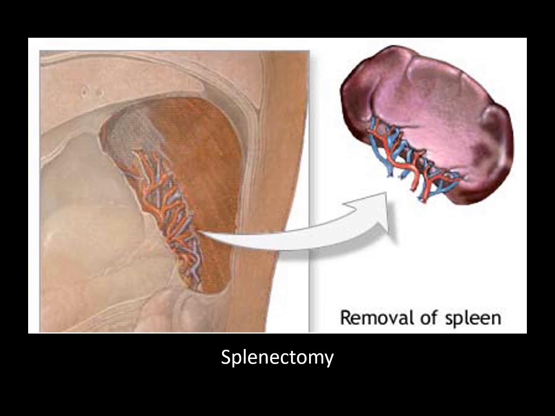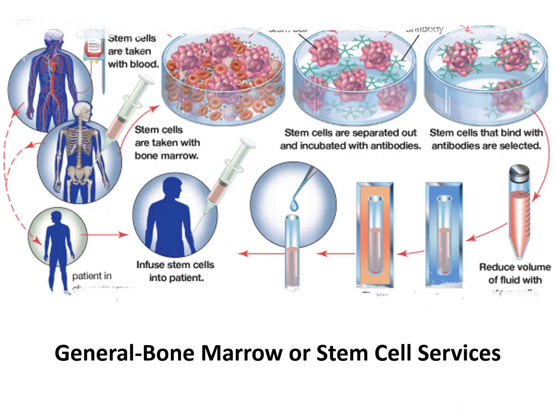So you still want to pay attention with regards to if a procedure is endoscopic or it's open or percutaneous. All right, next up on page 294, under general, we have our bone marrow or stem cell services.